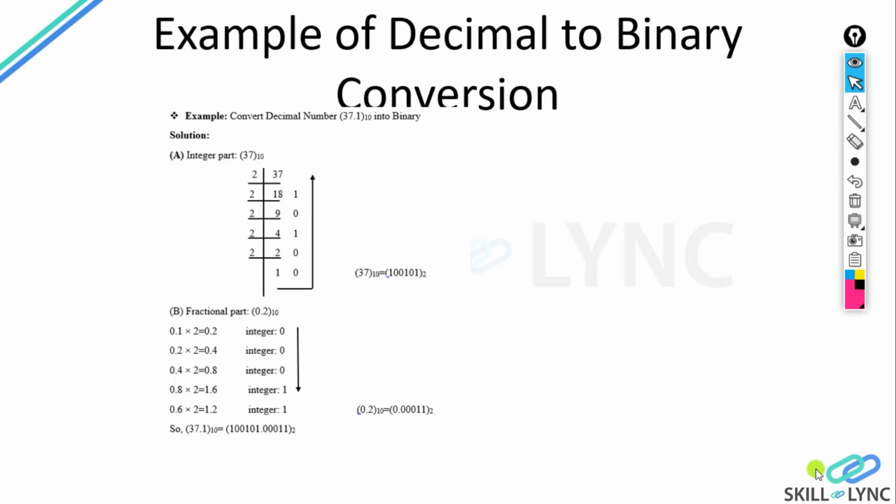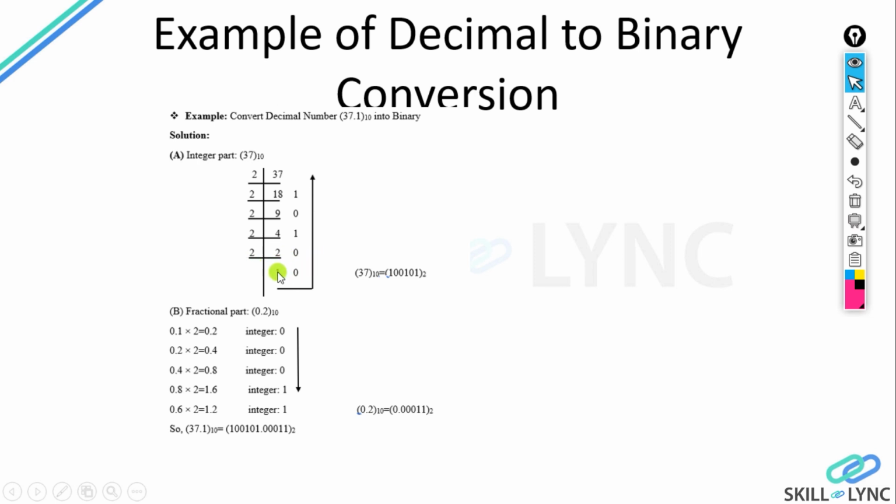Let's take an example. Convert 37.1 base 10, which is a decimal number, into binary. The rule is divide 37 by 2. 18 remainder 1. We have to note down these remainders. 2 into 9 remainder 0, 2 into 4 remainder 1, 2 into 2 remainder 0, 2 into 1 remainder 0.